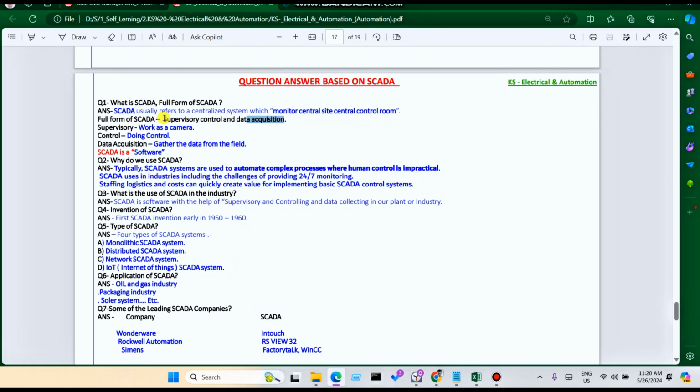Supervisory control means we can easily supervise the plant every moment.